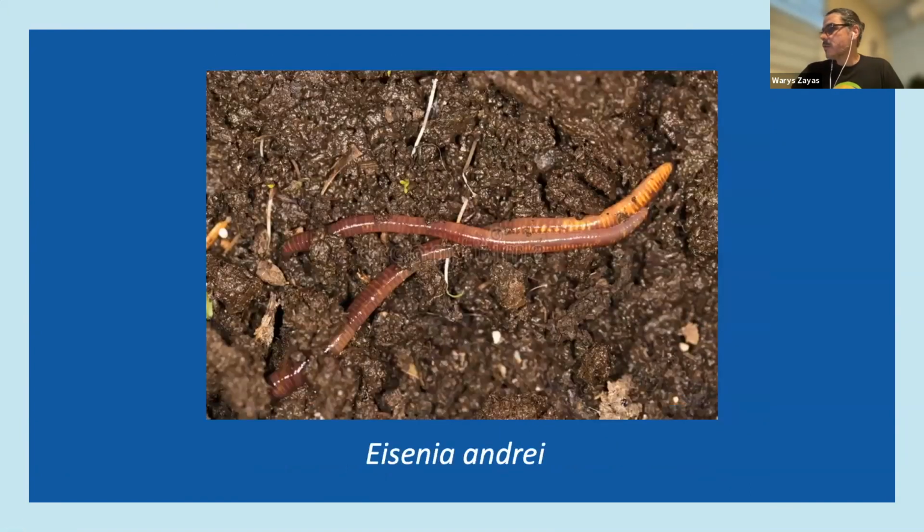But Eisenia andrei works as well, and sometimes it's really difficult to identify one from the other. But they are separated species because, according to the studies I've read up to today, it is impossible to reproduce them together and make a mixed breed. So that's one of the reasons they are separated species.